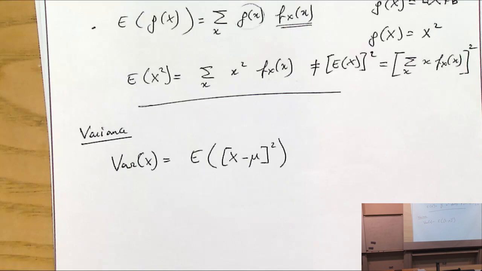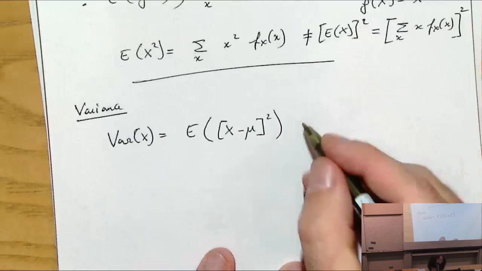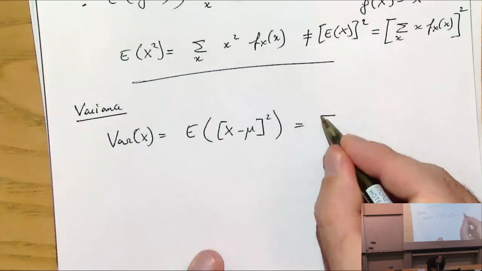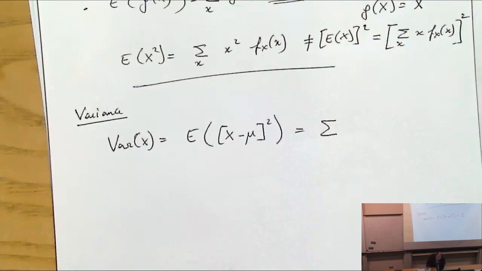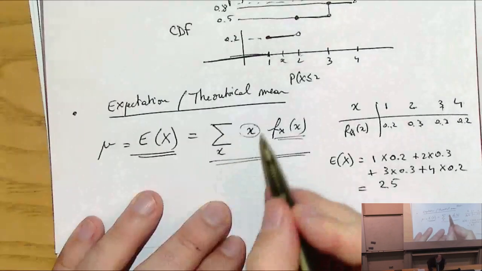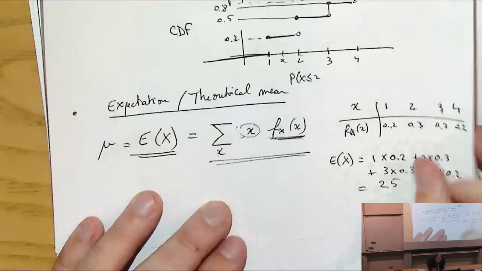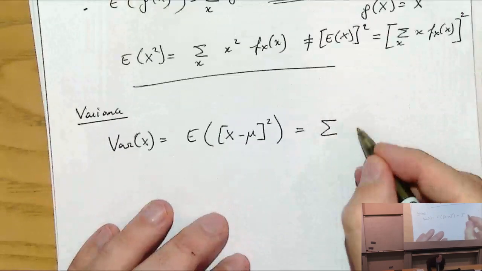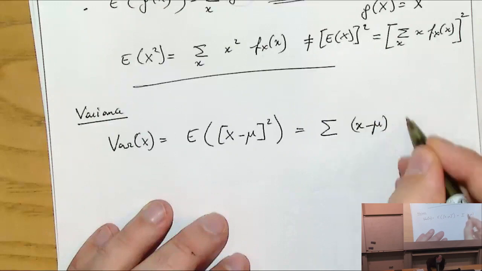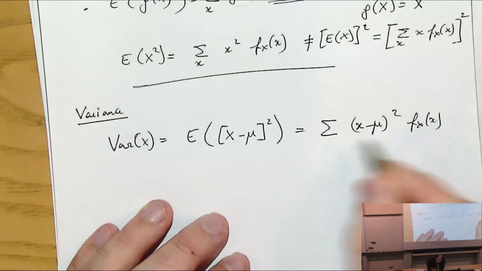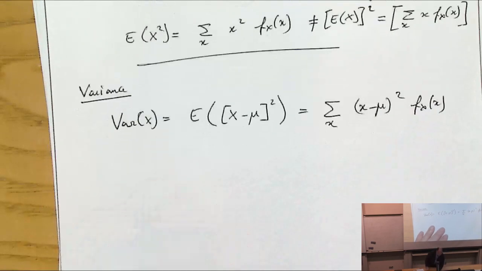That's what you're interested in. And because it's an expectation, you can apply the definition of an expectation here. It's a weighted sum where the weights are given by the probability mass function. So here what we have is (x minus mu) squared multiplied by the probability mass function of x.